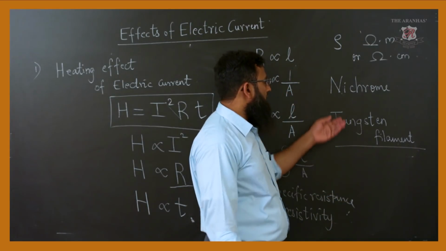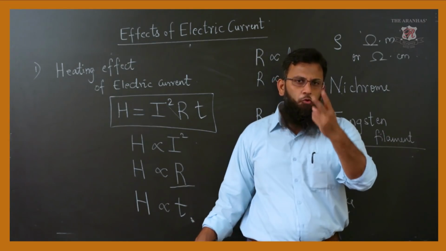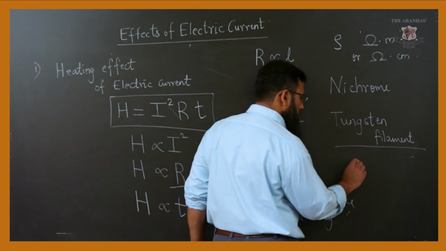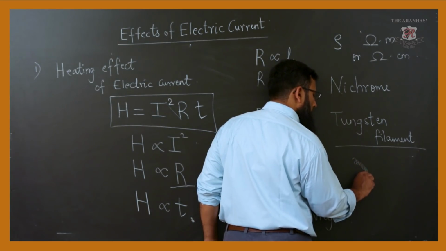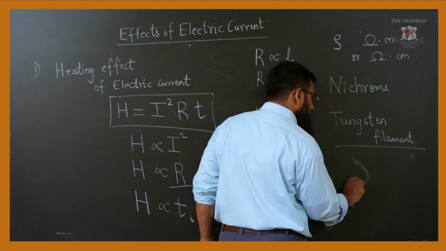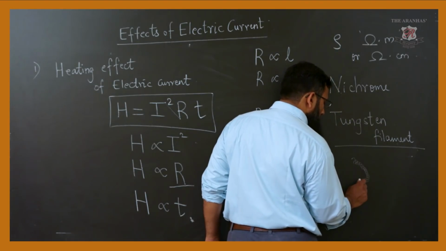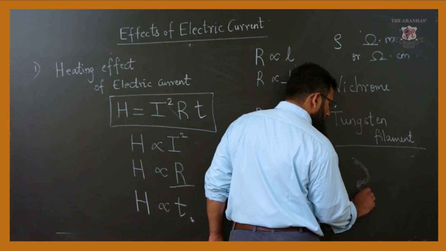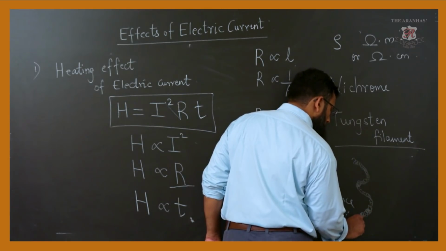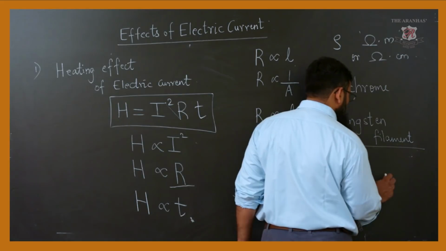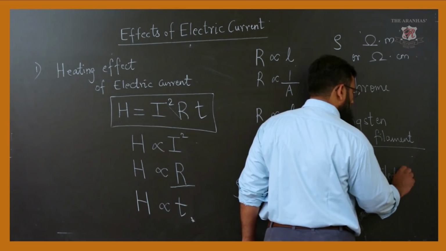Now, question arises, both of them are used in the form of coil, and there are 2 types of coil in this case. The one is called coiled coil, means it is spiral and the appearance is also spiral.